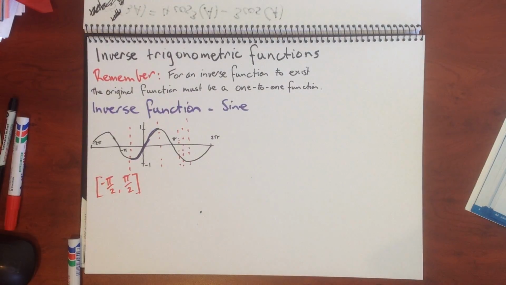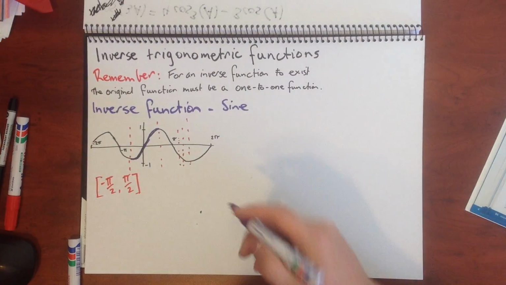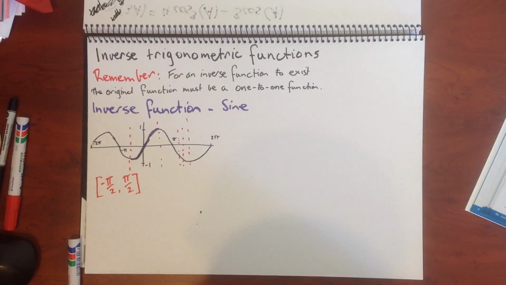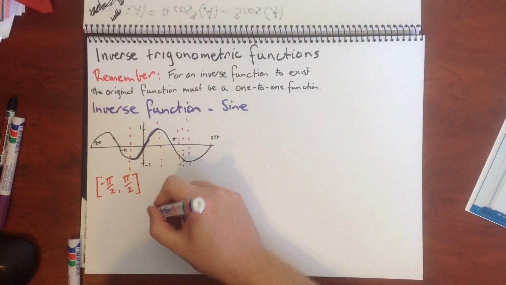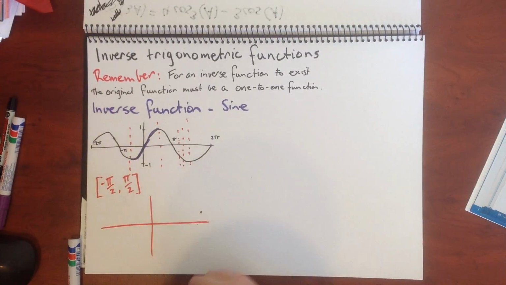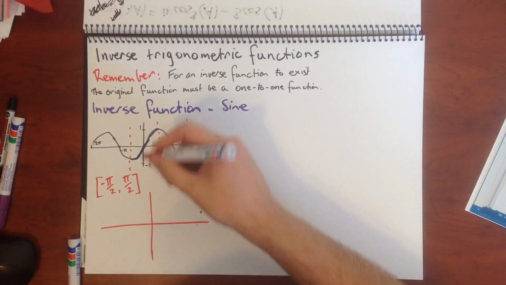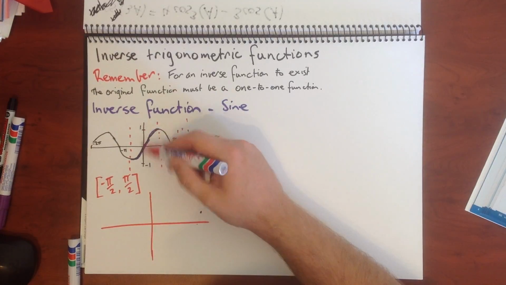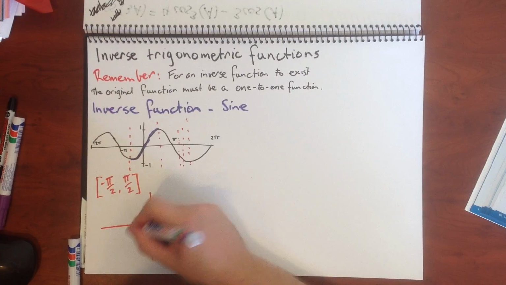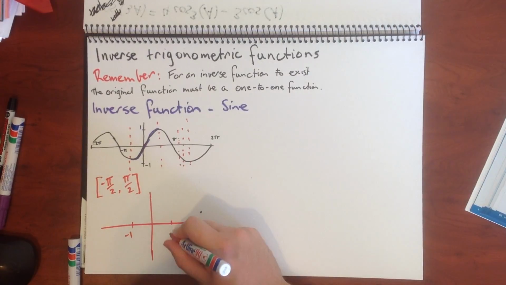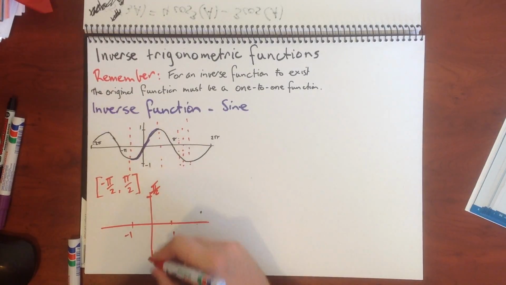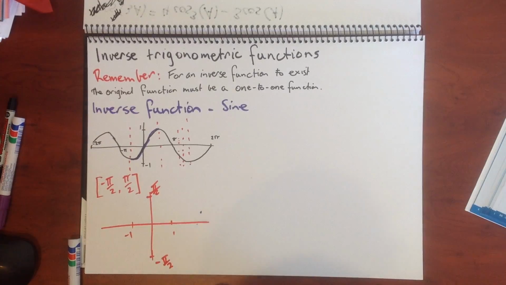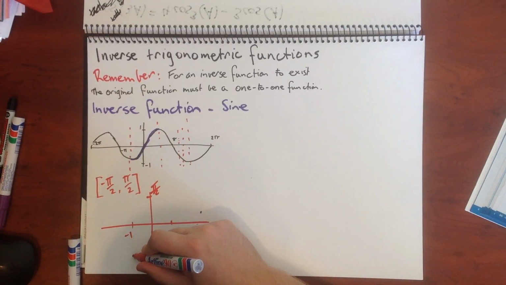When we do our inverse, instead of going up and down from -1 to 1, that's now going to be our domain, and our range goes up to pi on 2 and down to minus pi on 2. Our graph will look something like this.